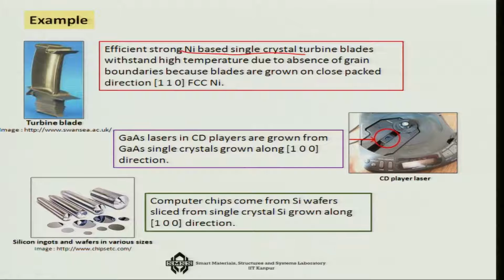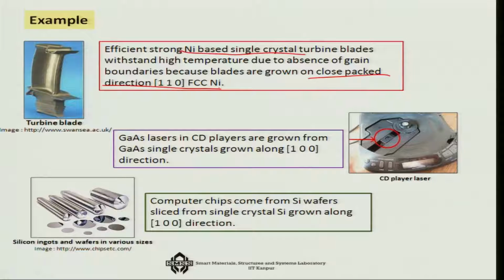They can withstand very high temperature due to the absence of grain boundaries. It is because the blades are grown on the close-packed direction 110 in an FCC structure of nickel. Now, what is this 110 structure? This is what we will be discussing.